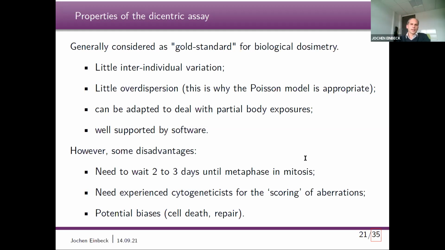It can be adapted to deal with partial body exposures relatively easily, even though I'm not going to talk about this here. And it's well supported by software. I've mentioned Radia, and there are also other software packages that I will come to speak about later on.